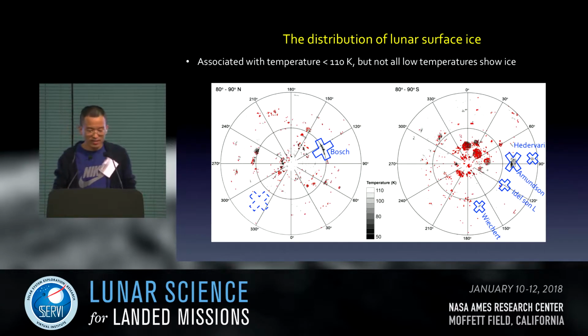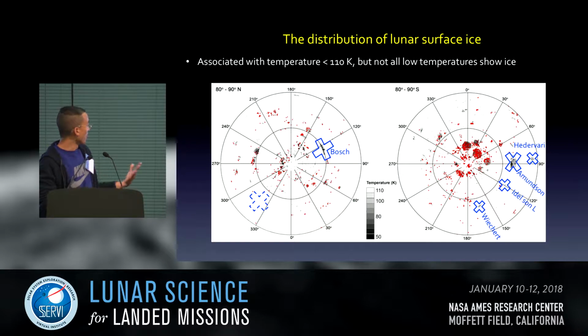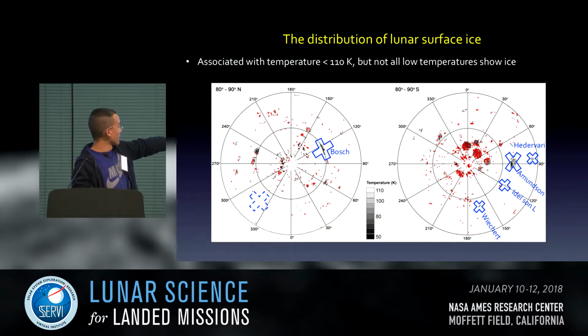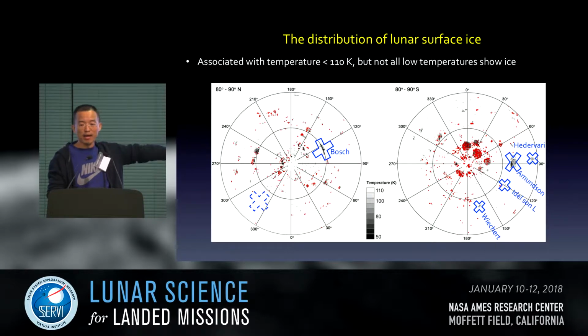So we need to understand the distribution of the ice. We plotted the exposures with the temperature. In this plot, I just showed the Diviner annual maximum temperature below 110 K. If it's above, it will be white. We can see all the exposures are associated with those low temperatures. However, not all low temperatures show ice.